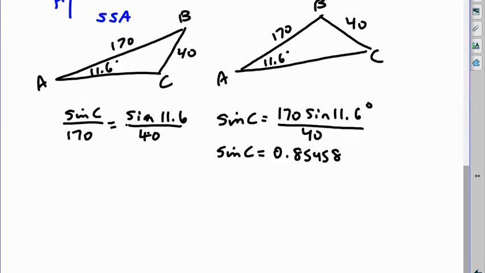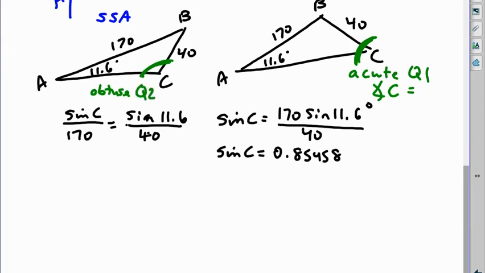Now we have to get our angle C. Looking at our two triangles, you can see that this triangle on the right is actually the acute quadrant 1 angle for C. And on the other triangle, that is our obtuse quadrant 2 angle C. So let's find out what those two numbers are.